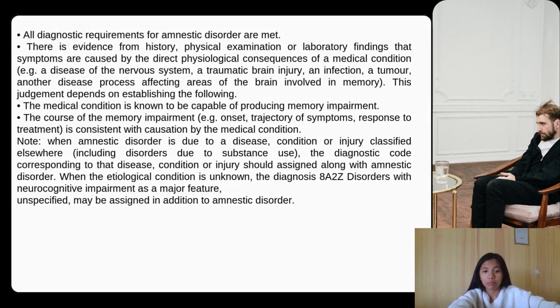And then to confirm that the medical condition is the cause, you must know that the condition is capable of causing the memory problem. This is what they say, and also that the way the memory issue started and developed matches what you expect from that condition.